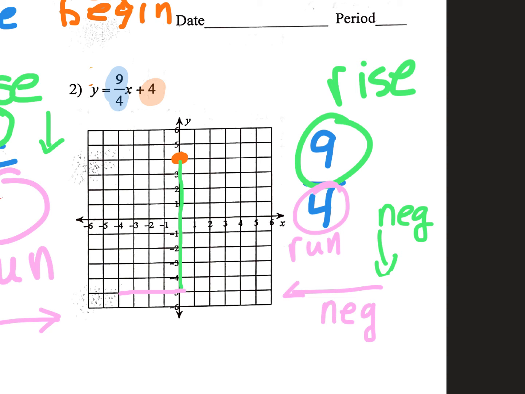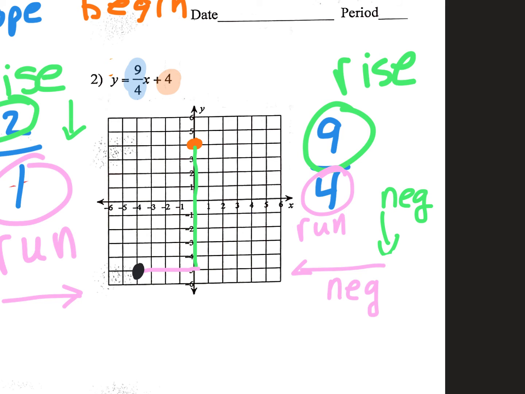If you have no choice but to go down because you don't have enough room on the graph, you're going to have to go in a negative direction twice because a negative and a negative is going to make our slope positive.